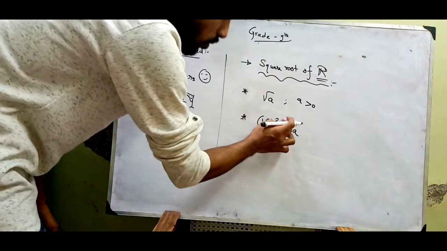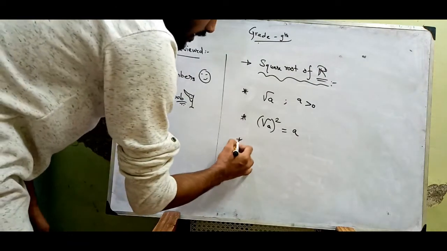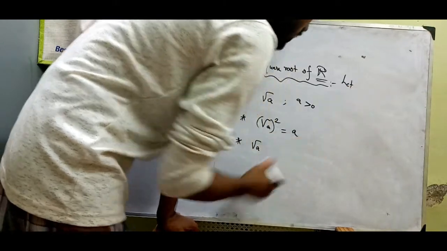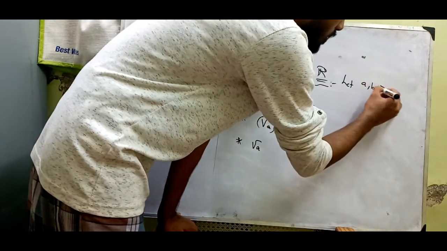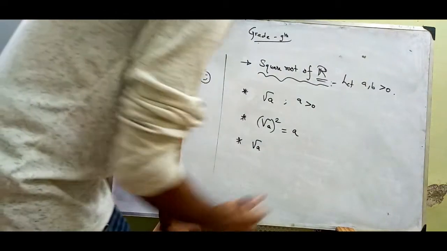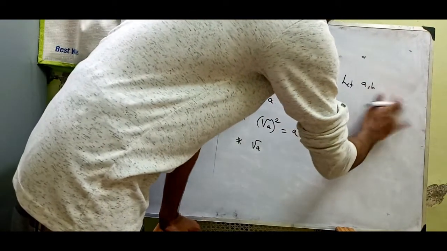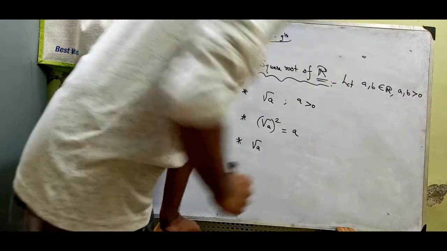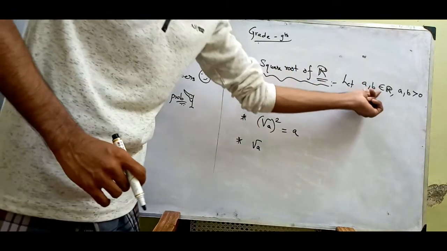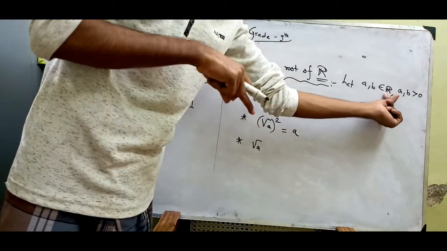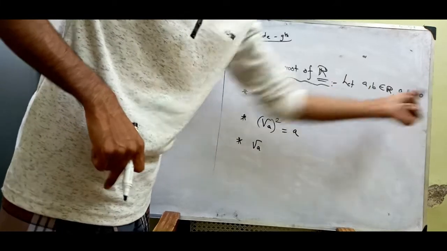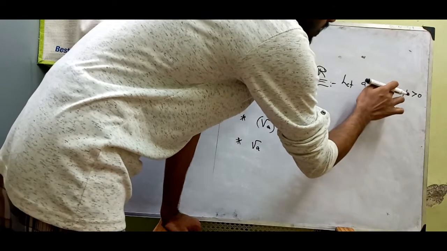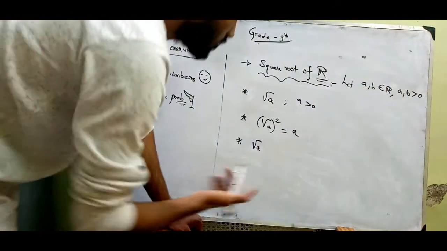For the sake of simplicity, let A, B be greater than 0 and belong to R. You should remember this: A and B are two elements taken from the real numbers, and they should be positive. In fact, you can write R plus, which means positive real numbers. Either way, both are the same.